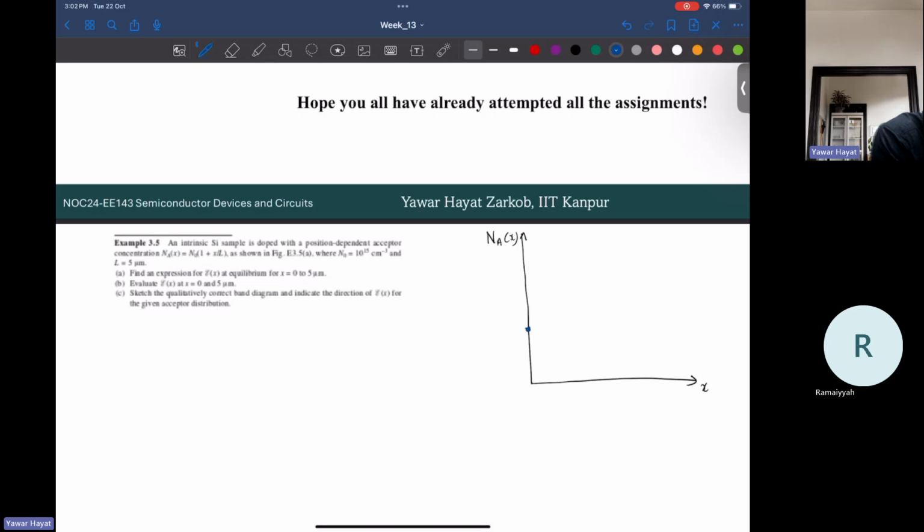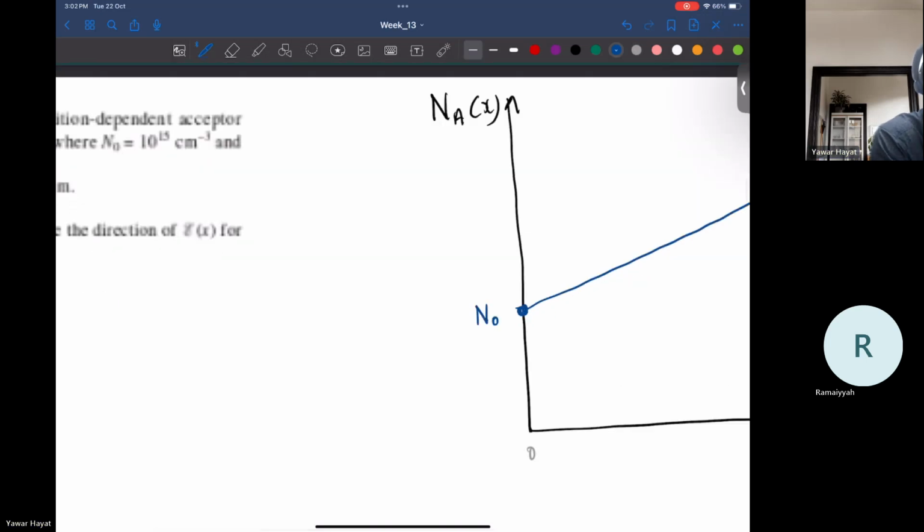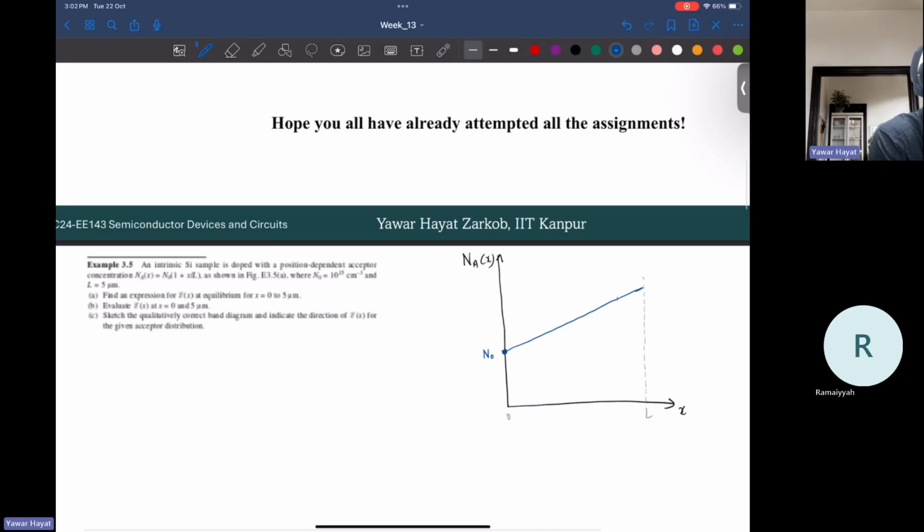This is your N0. We have 2 points, x equal to 0 and x equal to L. At x equal to 0, from this equation, we'll have N0. And then we'll have a suitable value at x equal to L.